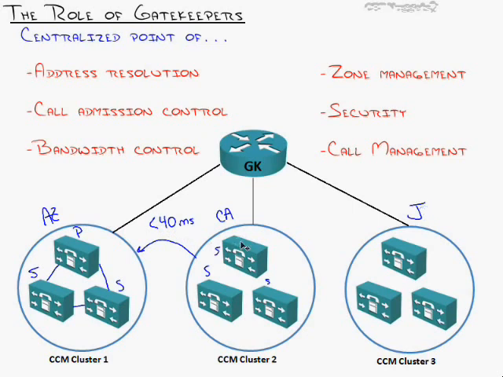So in general, most people will just say, well, every physical location is its own cluster. Now, this is typically how people design it. California will have its own publisher and subscribers, and Japan will have its publisher and subscriber, and they'll divide it up to where extensions exist in each one. Like maybe Arizona is every extension that begins with 1XXX. And California is 2XXX, and Japan is 3XXX.